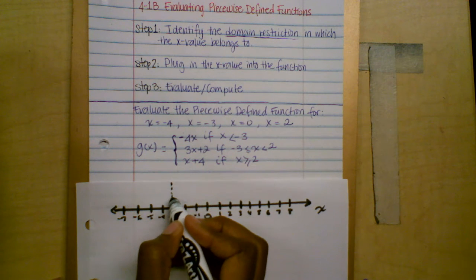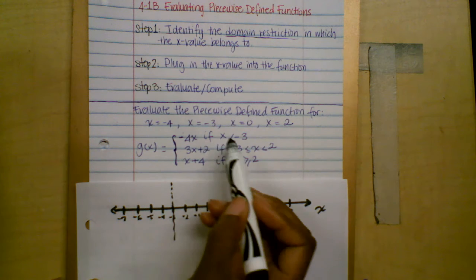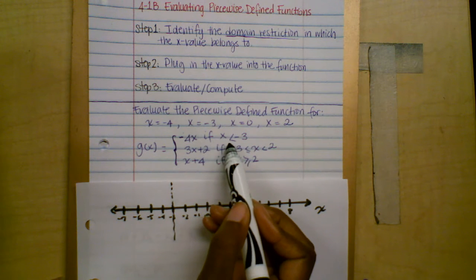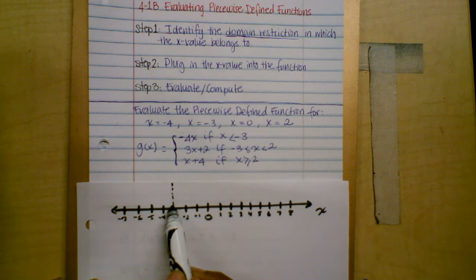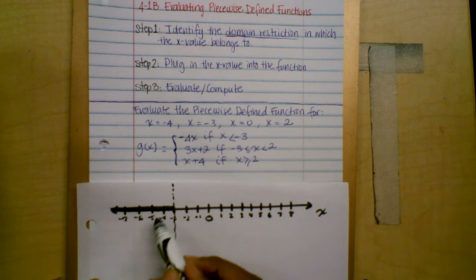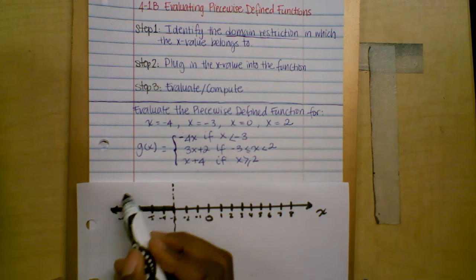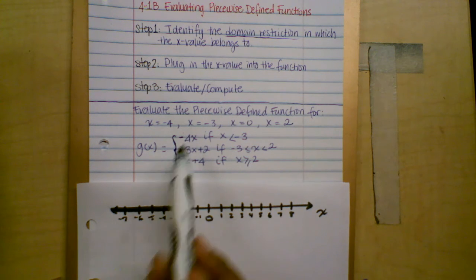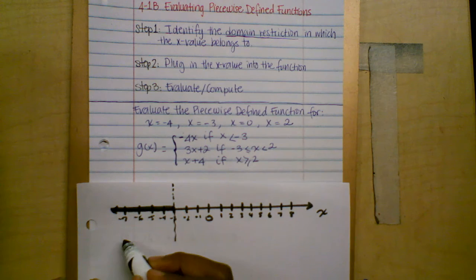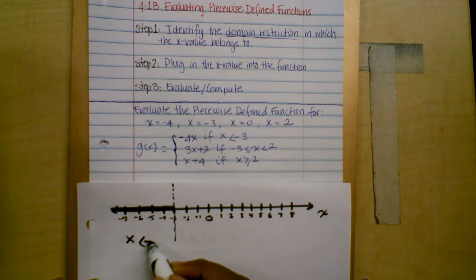Let me draw a vertical line. All the numbers less than -3 are the numbers on the left side of -3. So this region represents where the function -4x can be graphed. It's only in this area. So this is a domain restriction.